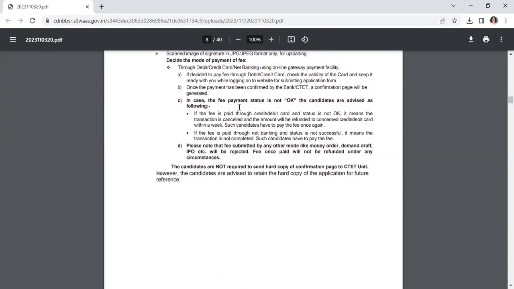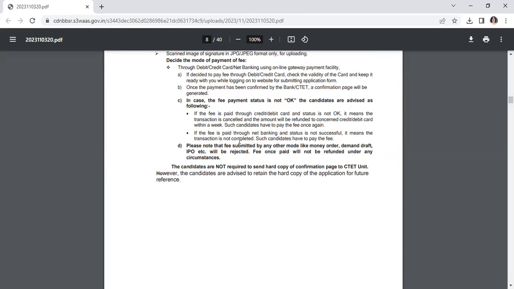In case the fee payment status is not okay, the candidates are advised as follows. If the fee is paid through credit or debit card and the status is not okay, it means the transaction is cancelled and the amount will be refunded to the concerned credit or debit card within a week. Such candidates have to pay the fee once again.